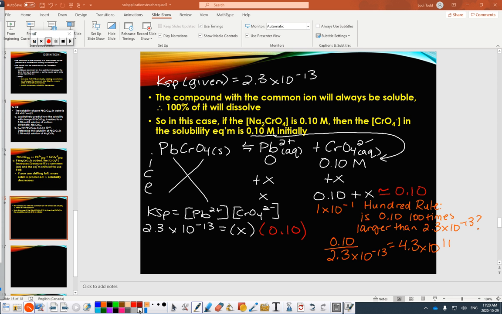So I just divided them: 0.1 divided by 2.3 times 10 to the negative 13 equals 4.3 times 10 to the power of 11.